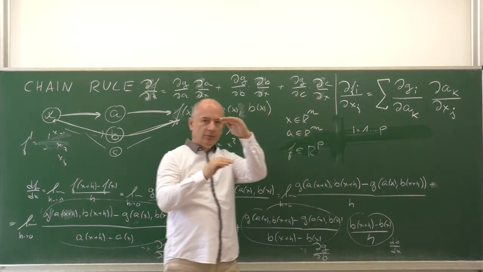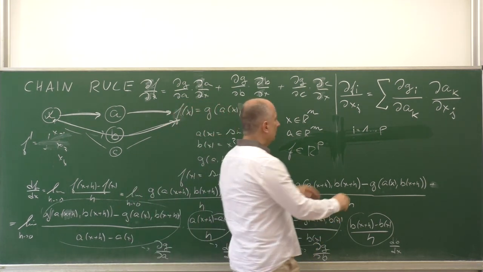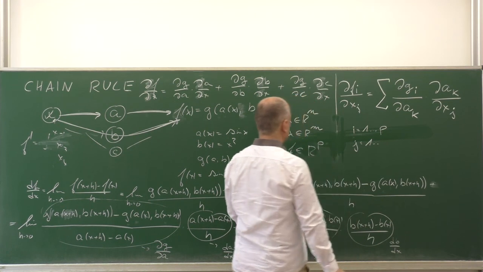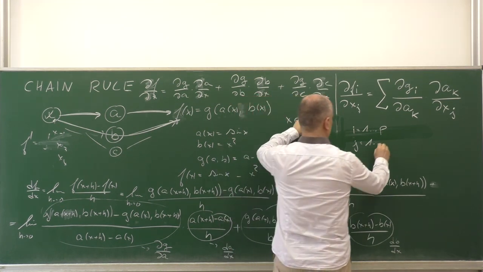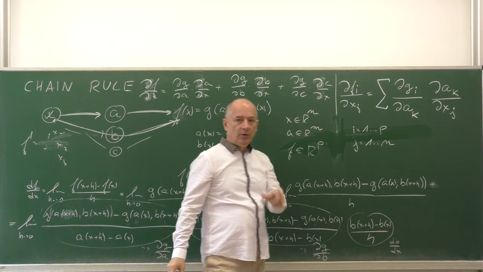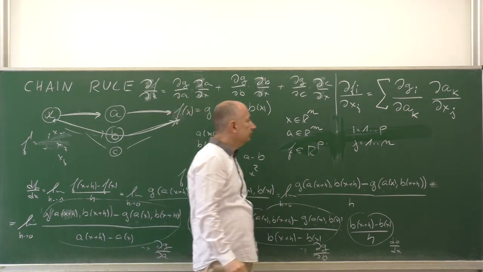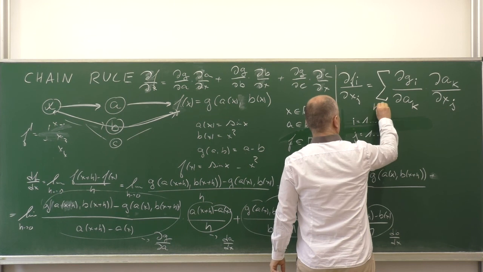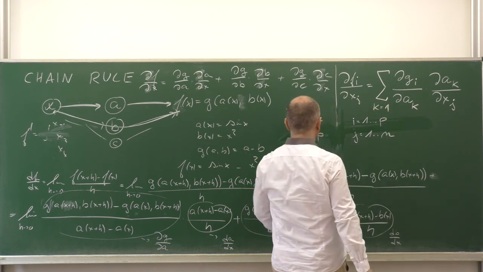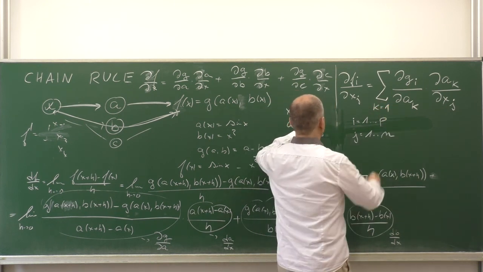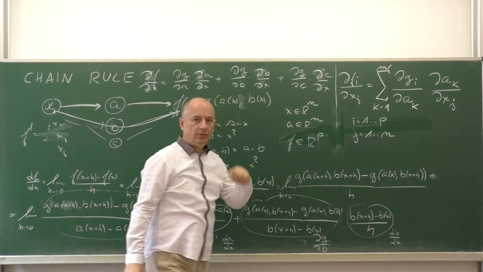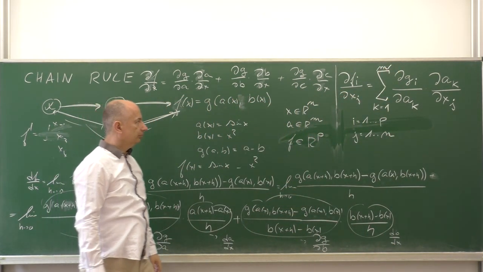This is the number of functions. j runs from 1 to n. This is the number of arguments. And k runs from 1 to m. This is the number of intermediate results.